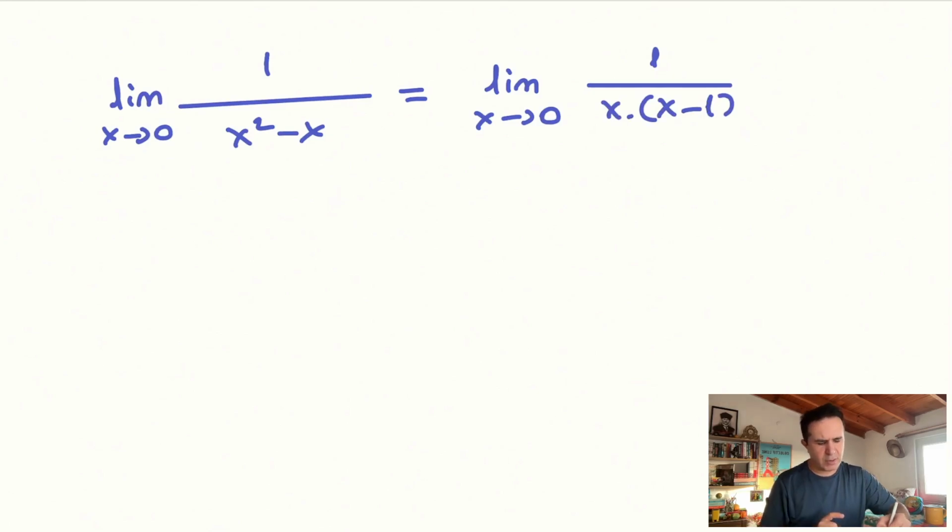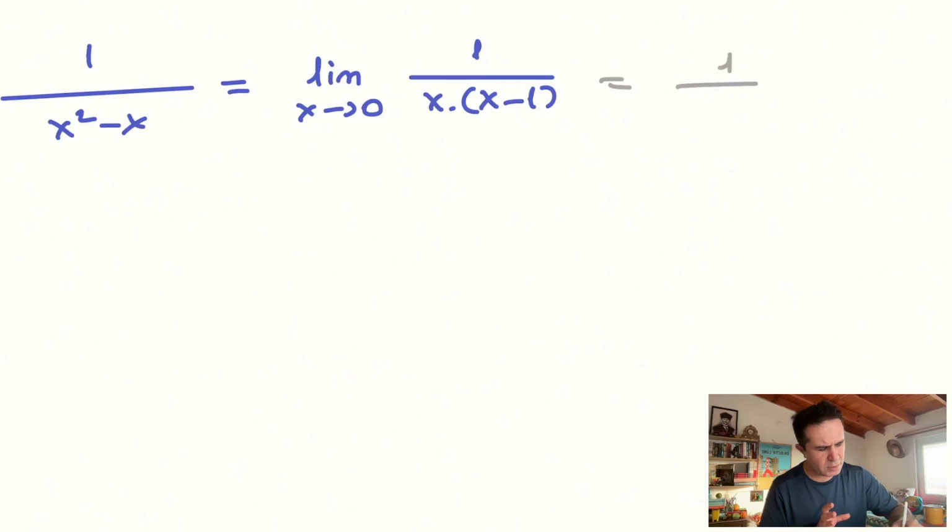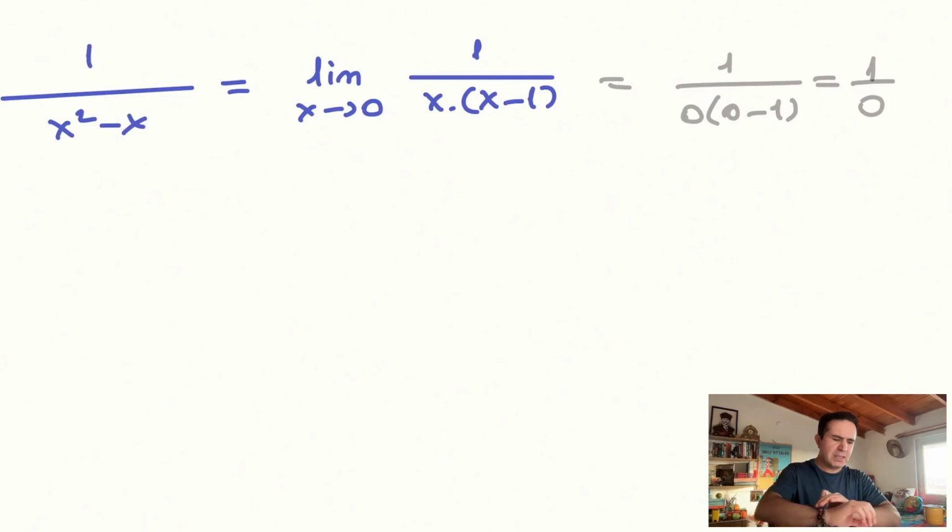Since we are looking for the limit as x approaches 0, we will substitute 0 here. But if we substitute 0, we get 1 over 0 times (0 minus 1), which equals 1 over 0. This means that the denominator is 0. So we can't use direct substitution here.